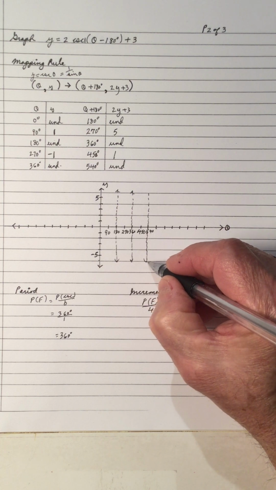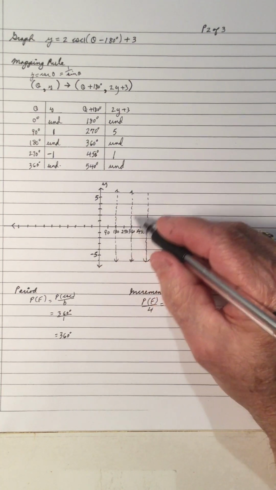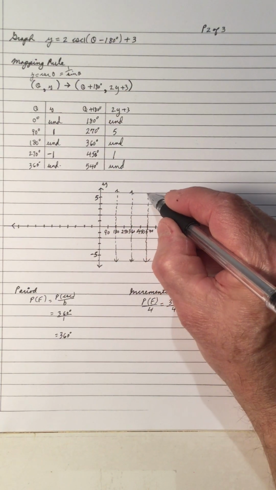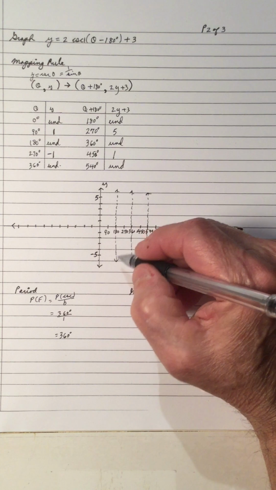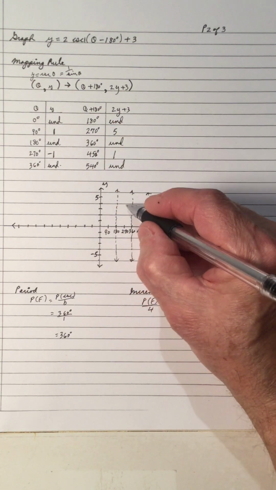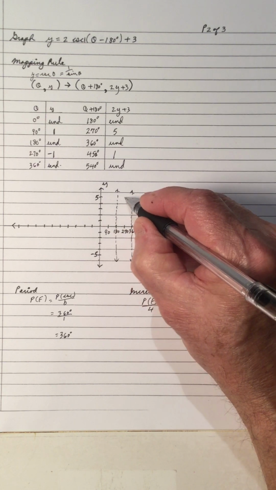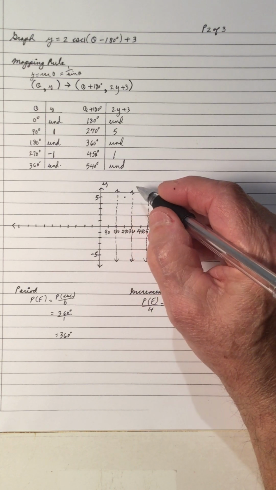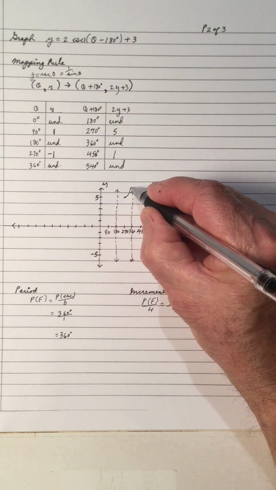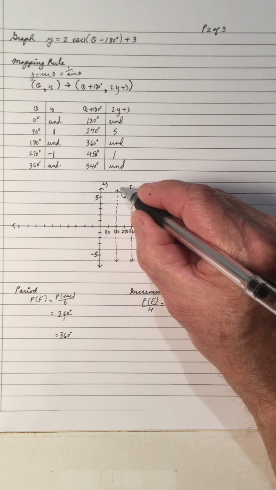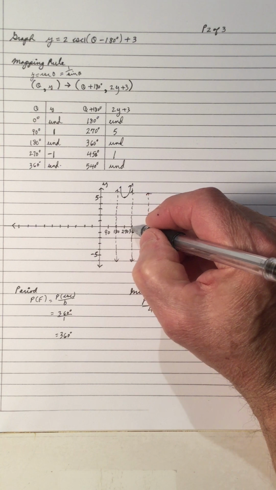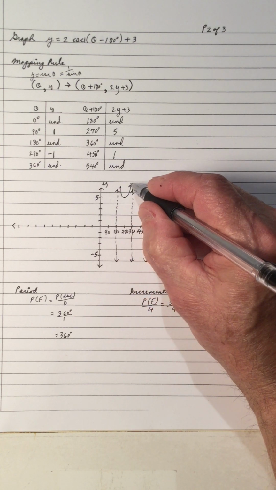So the cosecant graph has, using the mapping rule, three vertical asymptotes. And at 270, we have a 5. 270 is here, we have a 5. Now, this is positive, so the cosecant graph will go up from here, like this, going closer, and the closer you go to 360, the higher the value for y.